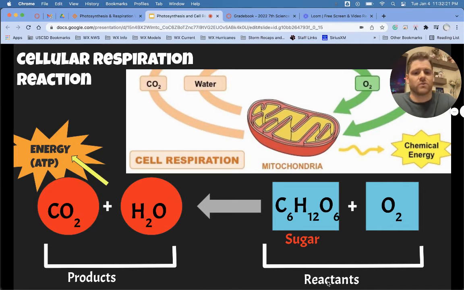So in this case over here in cell respiration, sugar and oxygen, these are the reactants. These are the things that we're putting together, just like those marshmallows when we added the liquid oxygen to it. Took that sugar, a little bit of oxygen, and we get this big burst of energy plus carbon dioxide plus water. All that stuff was in there too. But the big burst of energy, that was the thing that we saw.